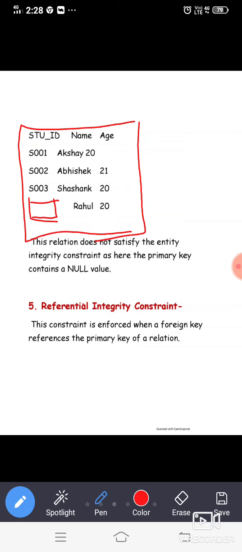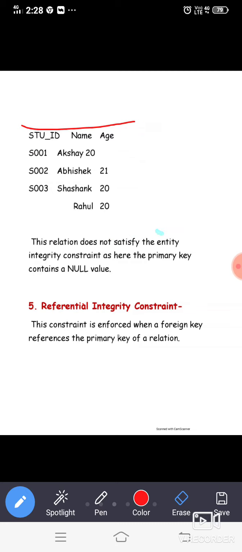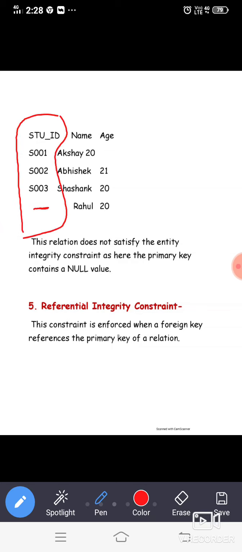The integrity constraint says that there should not be an empty value, there should be some value for the primary key. So stdid is the primary key, but you are not mentioning any primary key, it is a violation. So this particular table does not satisfy the entity integrity constraint.